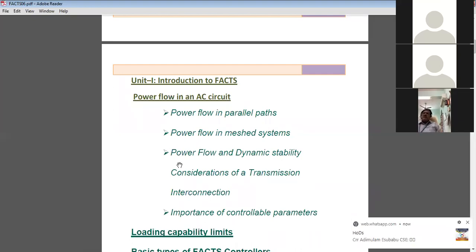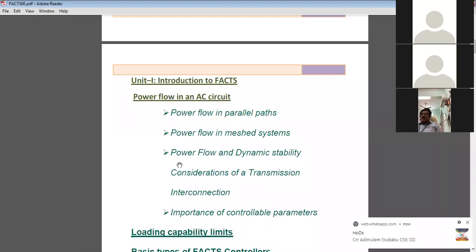And basic power flows you have seen by considering a simple circuit, that is SMIB, single machine connected to the infinite bus bar. We did derivations for both real and reactive power, and from that, how the series compensators will control the power, that is by varying the X value. Power is given by EV/X sin delta, or V1V2/X sin delta.